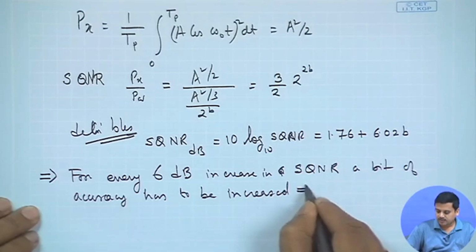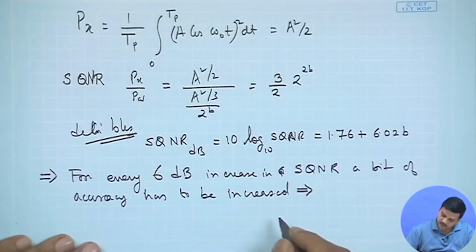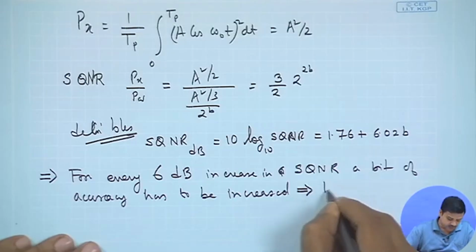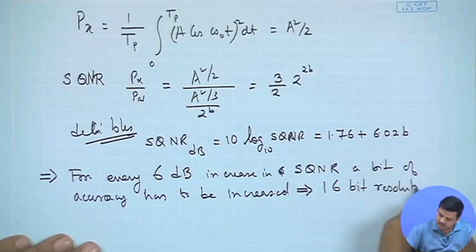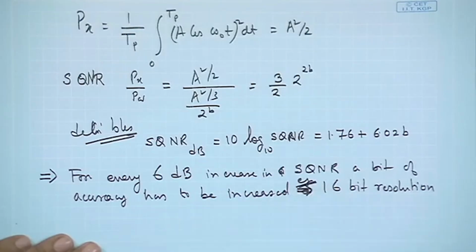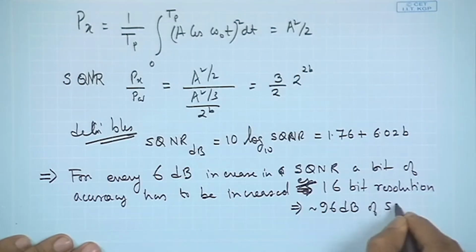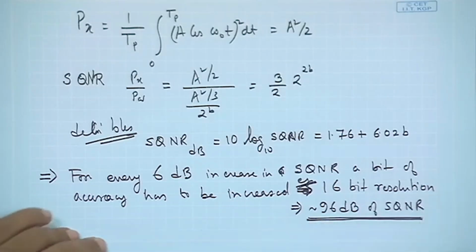In other words, what this implies is that suppose I have 16-bit accuracy, or a 16-bit resolution. If I have 16-bit resolution, this would imply I am going to get approximately 96 dB of signal to quantization noise ratio, a factor of 100.